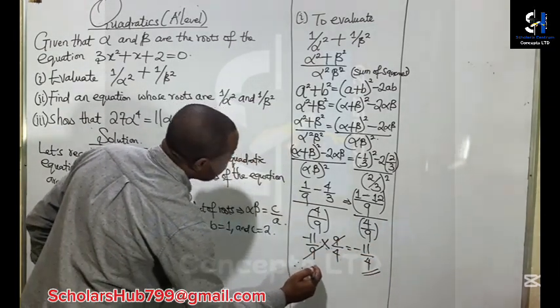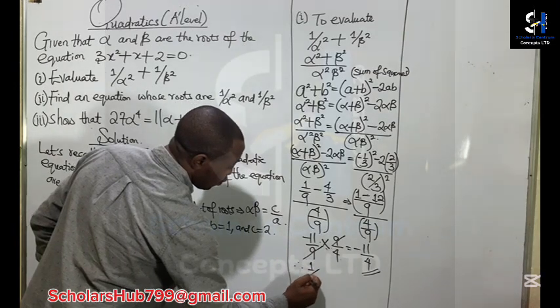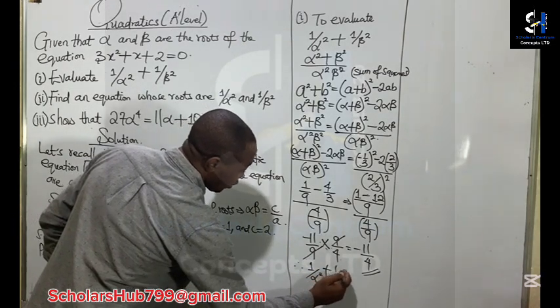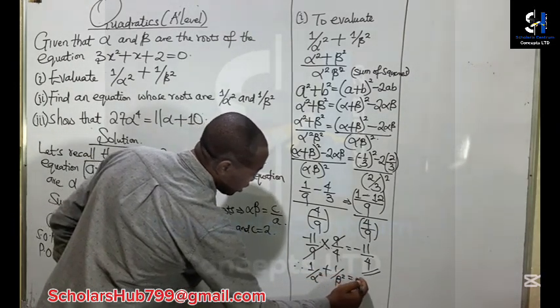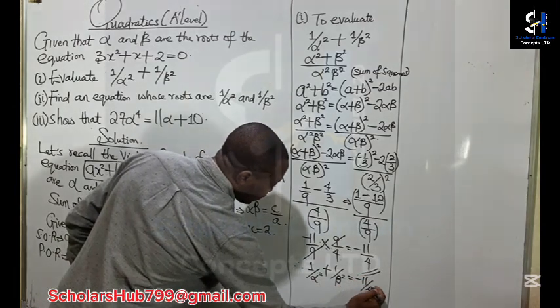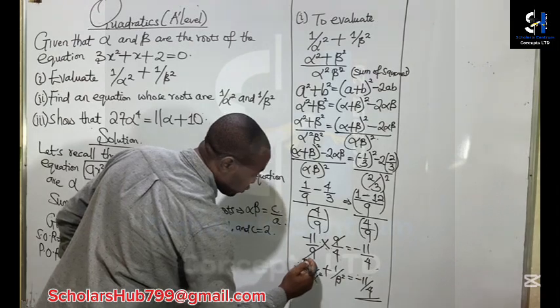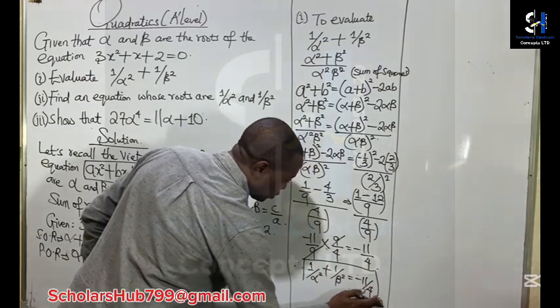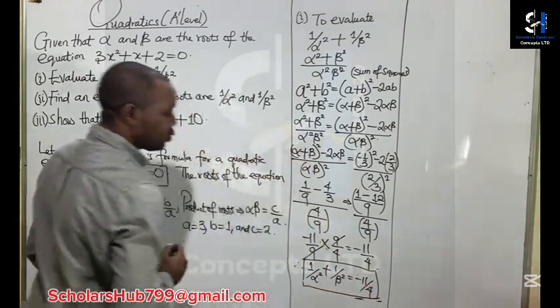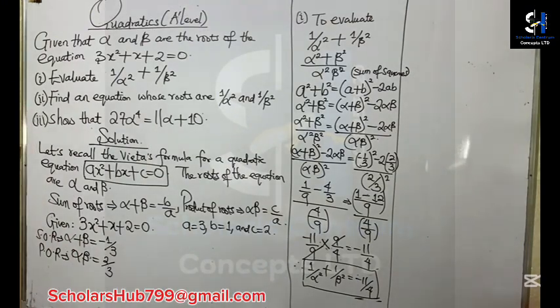So 1 over alpha square plus 1 over beta square is equal to -11 over 4. And that's for Roman numeral 1.